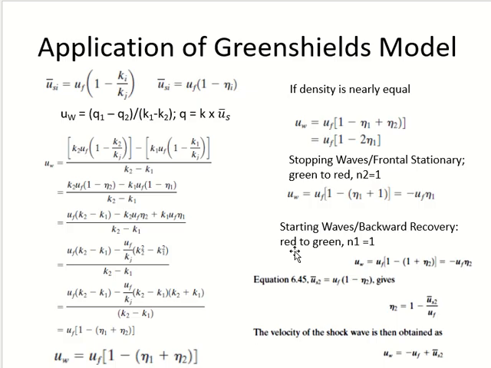I'm doing it for 1 or 2? 2. Important point here: the speed will not be the same because eta 1 and eta 2 are not equal. Sorry for that. So yes, the equation looks the same, but eta 1 is not eta 2, so the value will not be the same.